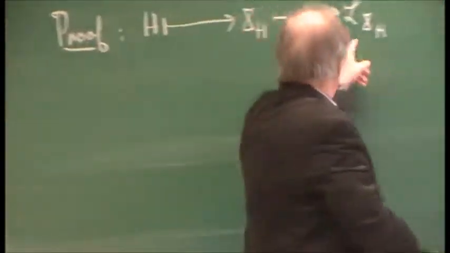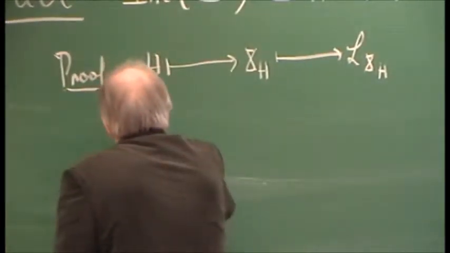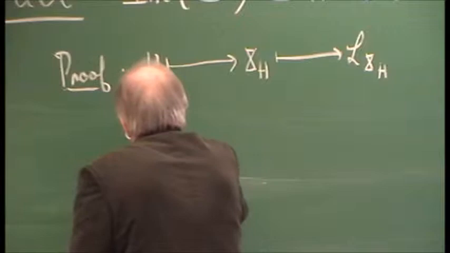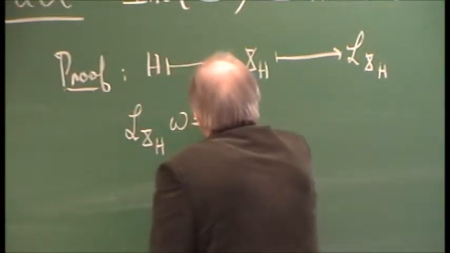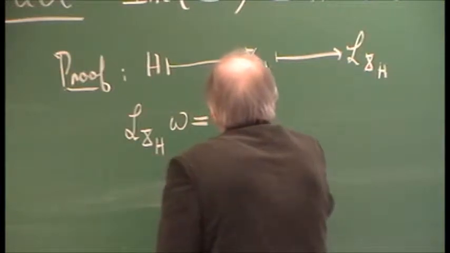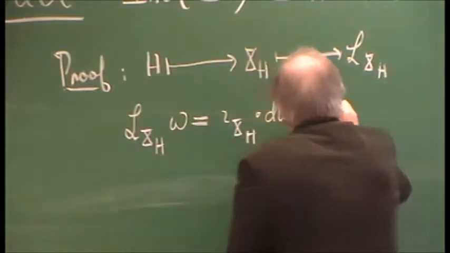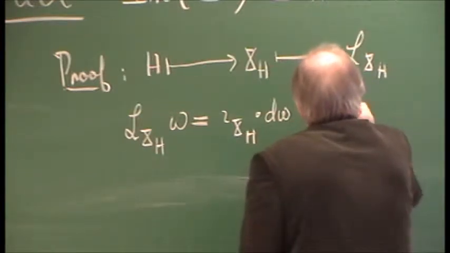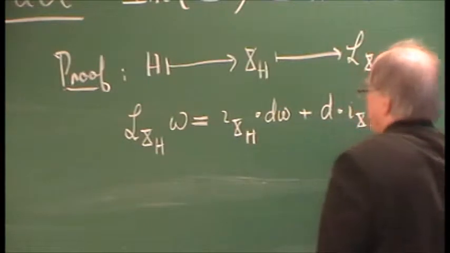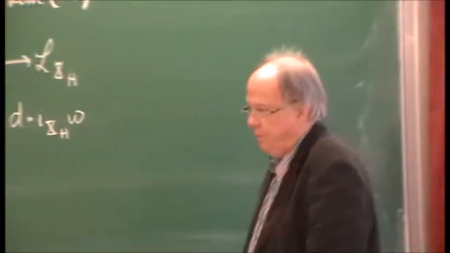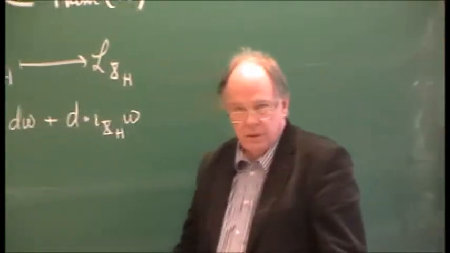So I have to see what this thing does on the symplectic form. So L, now we start going slowly. L of omega, let's go very slowly, is the contraction of this thing with d omega plus d of the contraction of this thing with omega. All right? I just put omega into Cartan's formula.